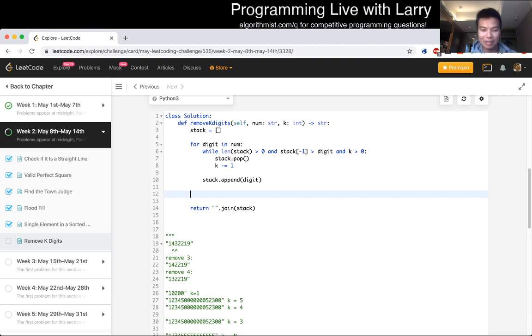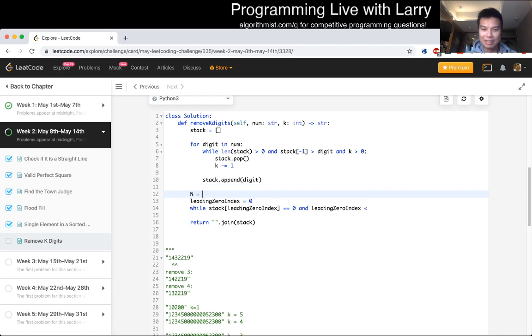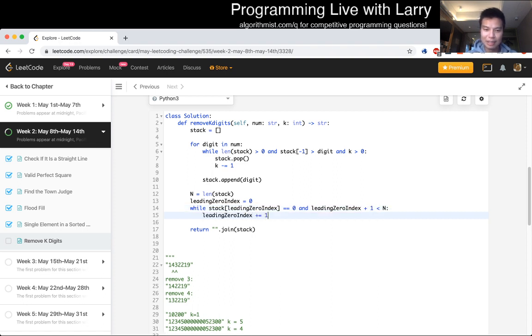So let's just keep track of a leading 0 index equals 0, while the stack at the leading 0 index is equal to 0, and the leading 0 index is less than n, where n is the length of the stack, increment the leading 0 index, and then we just take the slice starting from that index.